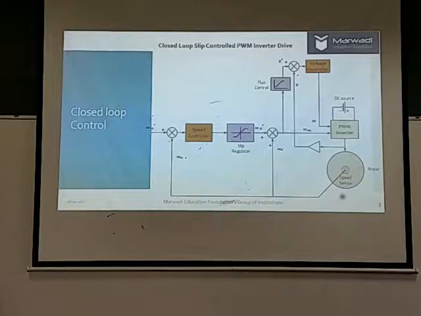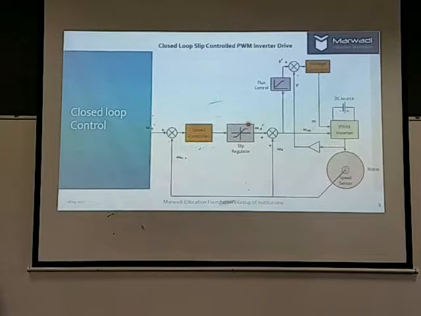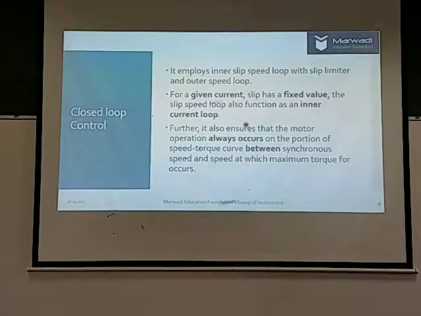The speed is sensed through a speed sensor such as an encoder. Now this applies the inner slip speed loop with the slip limiter. The slip limiter can be seen here, and for a given current the slip has a fixed value, so the slip speed loop also functions as the inner current control loop.